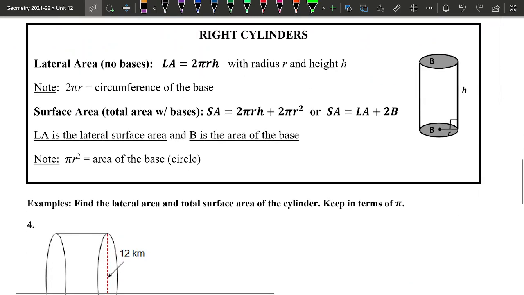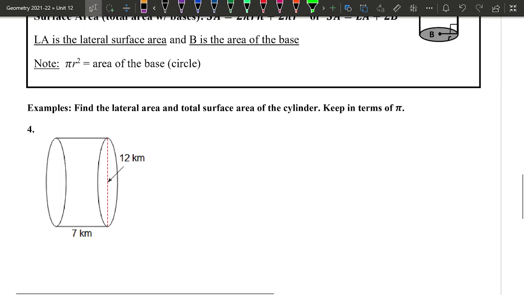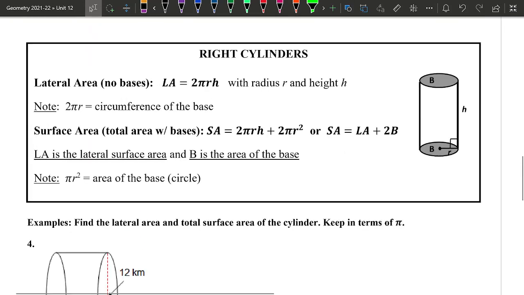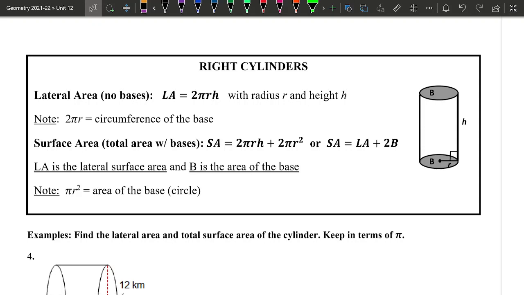On the back, we have cylinders. And I only have one example of cylinders because, like I said, a cylinder is just a special prism. It's a prism whose base is always a circle, but the formula is the same. It looks different, but really it's the same. So the lateral area is 2 pi r h.